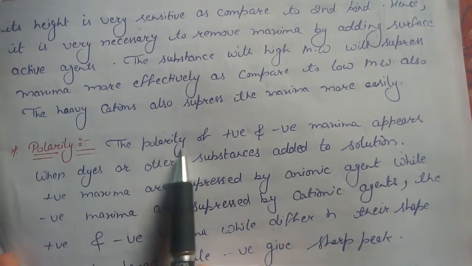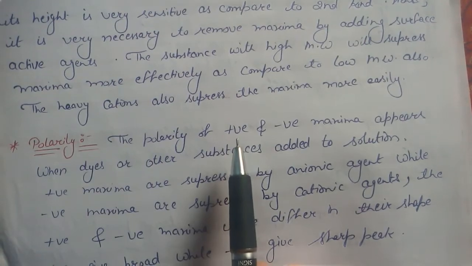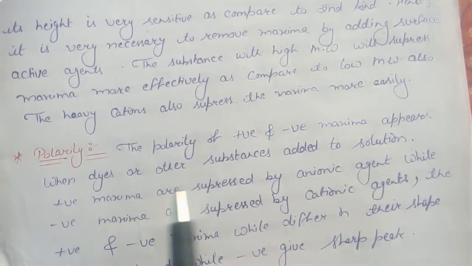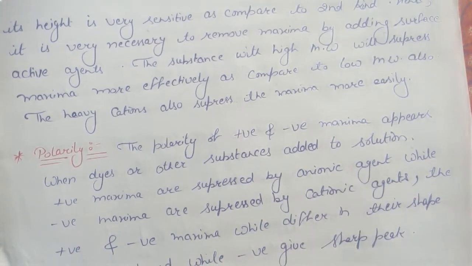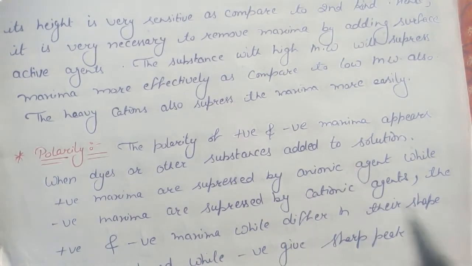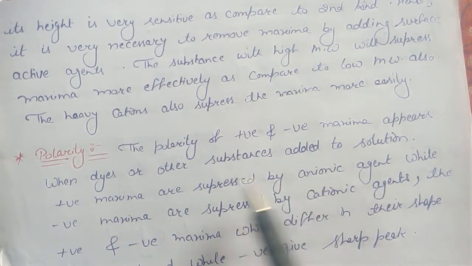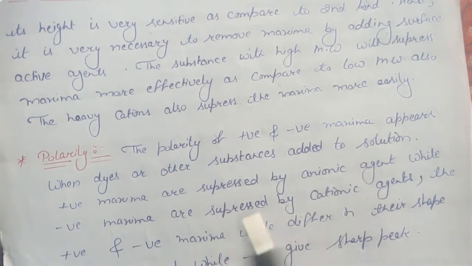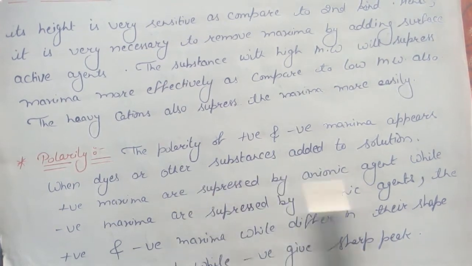The polarity of positive and negative maxima appears when dyes and other substances are added to the solution. It means you can say the polarity will be observed when some other substances are added. You can say any kind of active agent. That may be a dye, that may be agar agar solution, that may be gelatin, whatever you like.